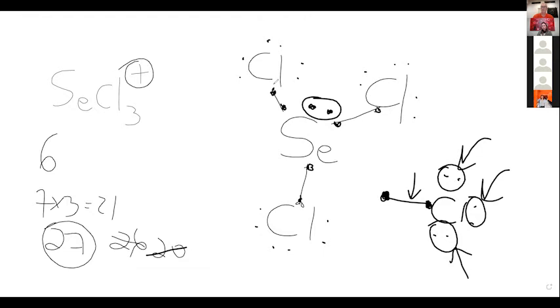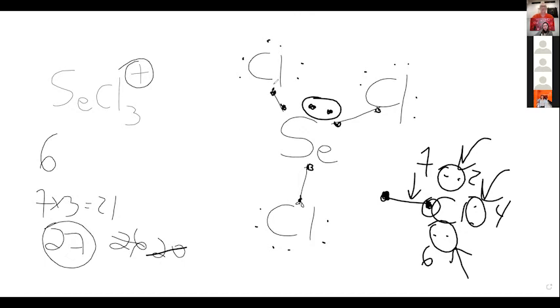So they would have 2, 4, 6, and 1 makes 7. How many valence electrons does chlorine normally have? 7, right? So fine. None of the chlorines have a charge, plus or minus.